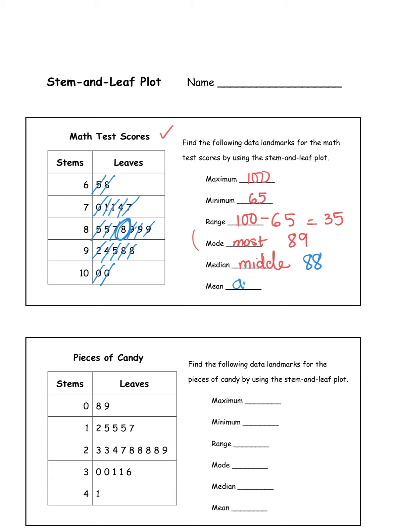Mean means average. So that means I'm going to add all of the scores up and divide by the number there are. So I would add 65 to 68, 70, add 71, add another 71, add a 74, add the 77, add the 85, add the 85, add them all up.